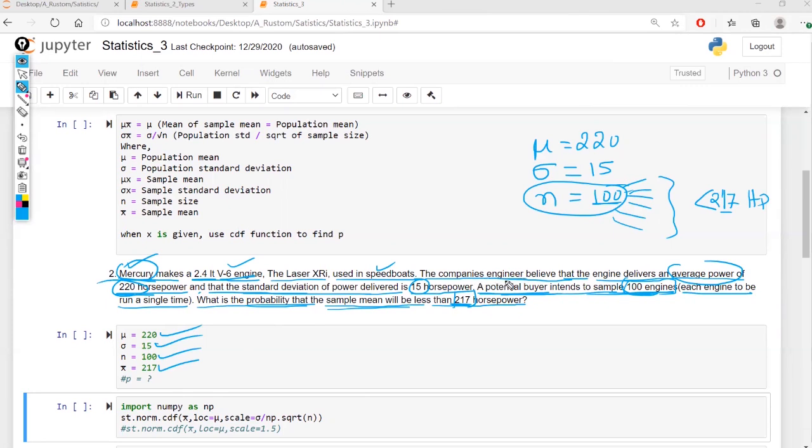So now, whenever a company engineer says something about his product, he always says it in terms of a population. He is not claiming for one engine or two engines, right? He always talks in terms of the entire engines manufactured in his company.